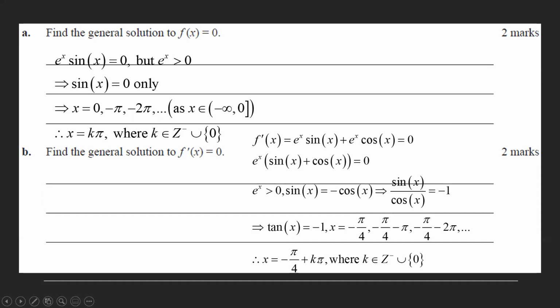But if you write minus k pi, that means your k must be in Z plus union 0 instead of Z minus union 0. In this case, I just add k pi. K is negative, including 0, because you still need to cover the first point in the whole expression.